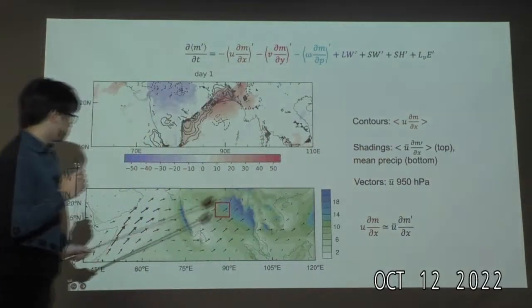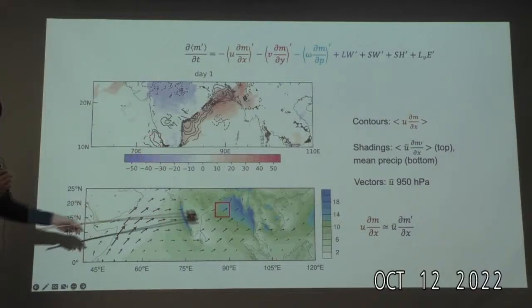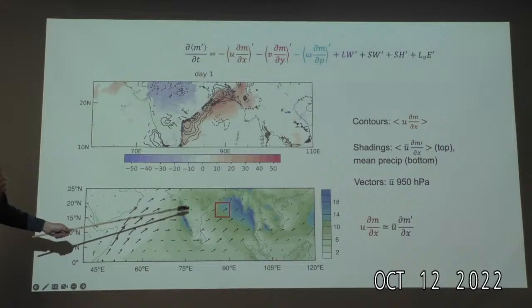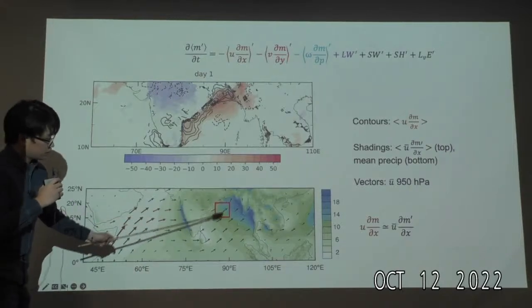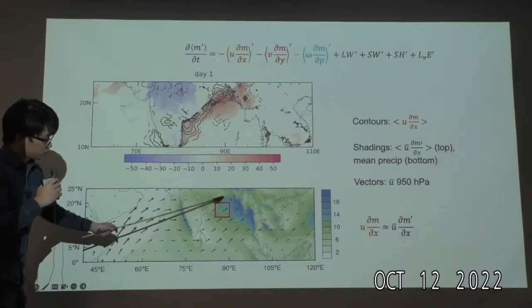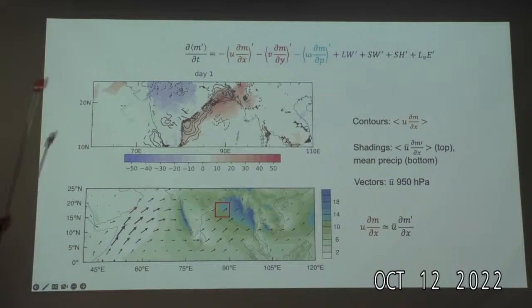If you look at the U bar here at lower levels, for example this one at 950 hectopascals, you can find that U bar is kind of parallel to the shape of the coastline, which means U bar is affected by the topography of the continent.